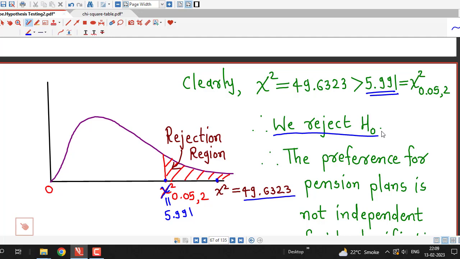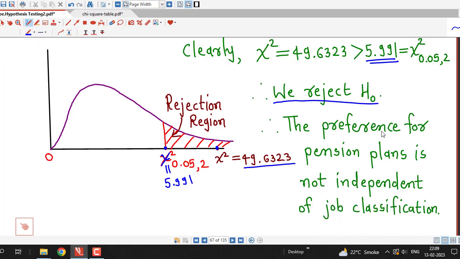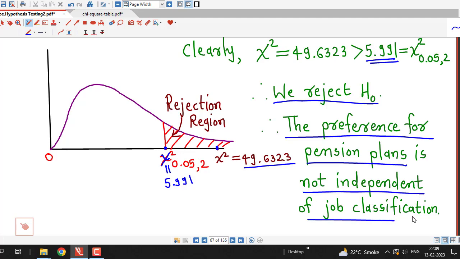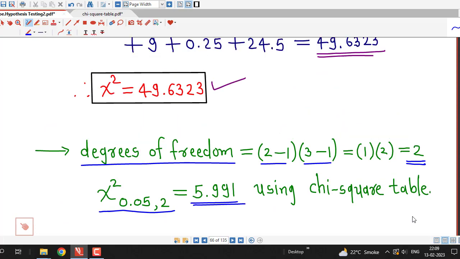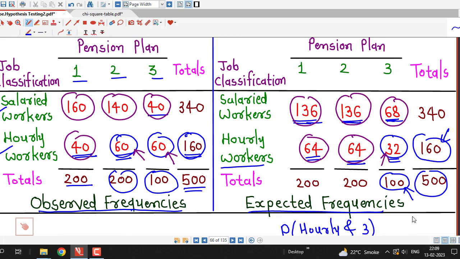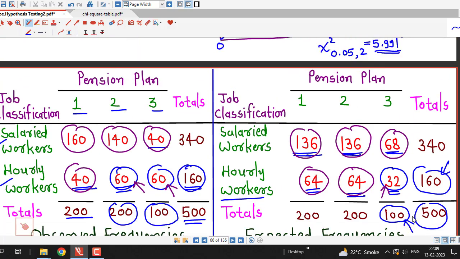And the null hypothesis is that the preference for pension plans and job classification are independent, but we are rejecting the null hypothesis. Therefore we can say that the preference for pension plans is not independent of job classification. So in this way we can apply the chi-square test of independence to check whether two given categorical variables are independent or not.